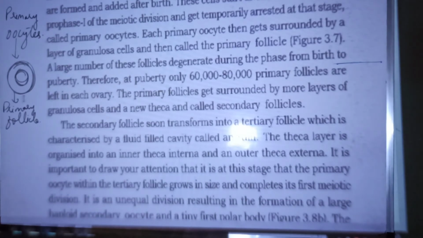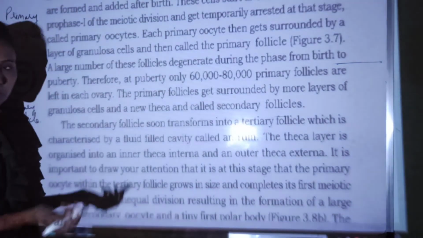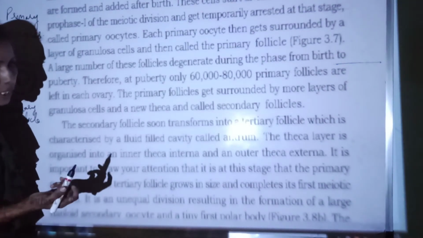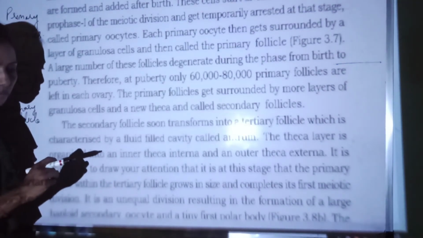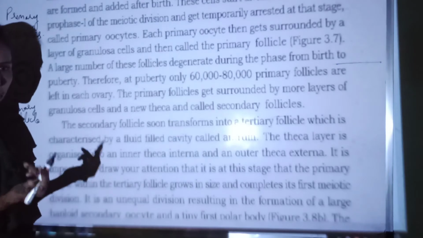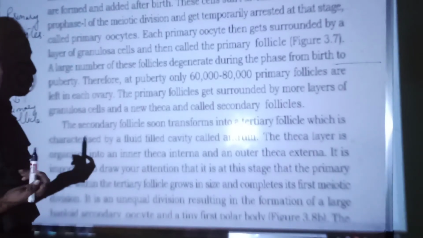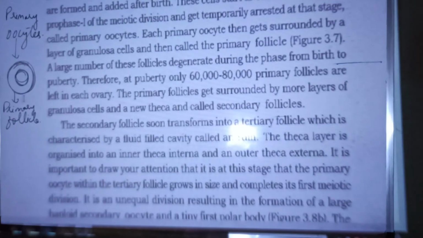So that means a large number of such follicles will degenerate during the phase from birth to puberty. Now, what is puberty? We have studied puberty: when the reproductive parts are fully matured, fully formed in a male and a female. So right from birth till puberty, a large number of such follicles will degenerate.